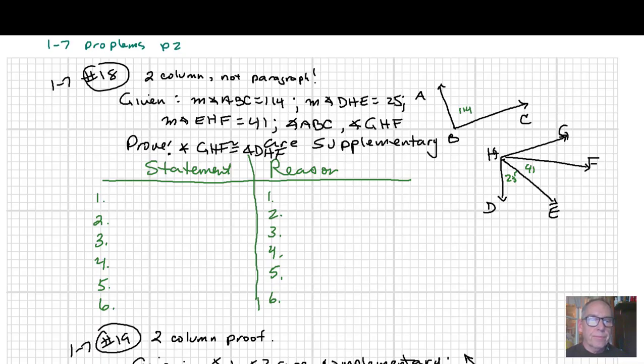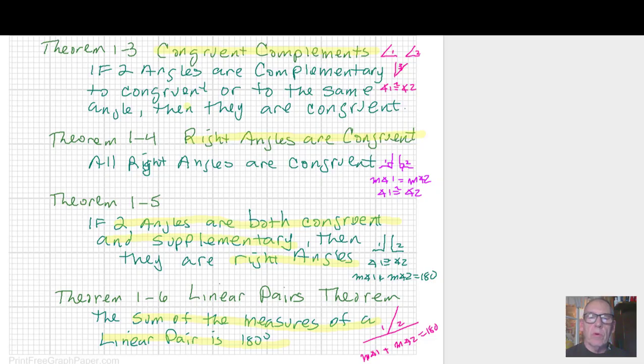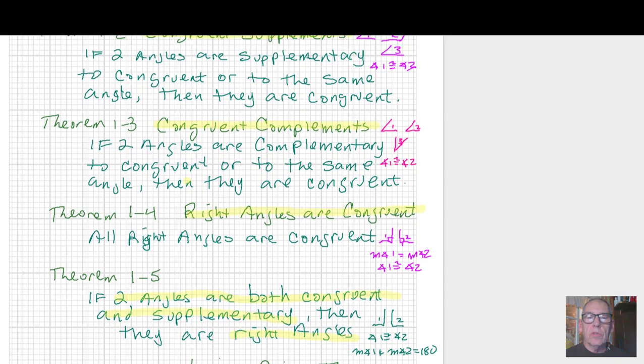Okay, so let's see. So understanding. Okay, I started trying to label and organize the information. Now GHF, this angle, and DHF, this angle, need to be supplementary. So this most likely has something to do with congruent supplements. Let's go back and review that theorem, the congruent supplements theorem, which is theorem 1-2.